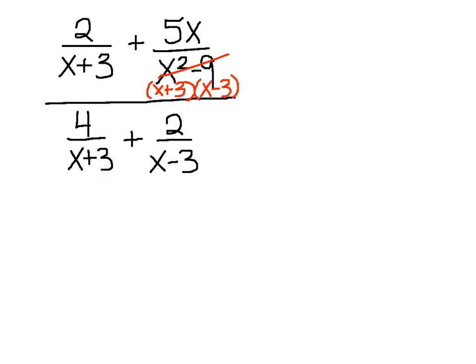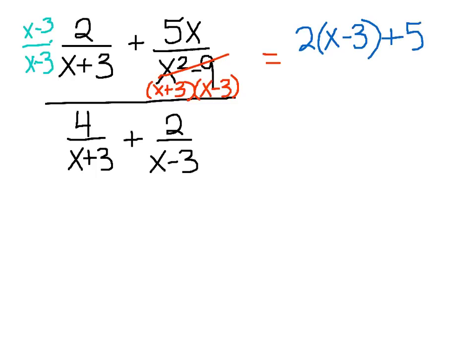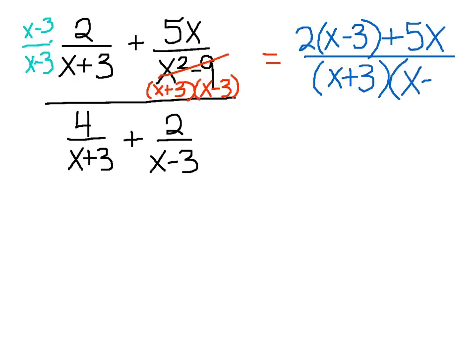And then we can see that our least common denominator is going to be x plus 3 times x minus 3, which means I need to multiply this fraction by x minus 3 over x minus 3. And that leaves me with 2 times x minus 3 plus 5x over x plus 3 times x minus 3.